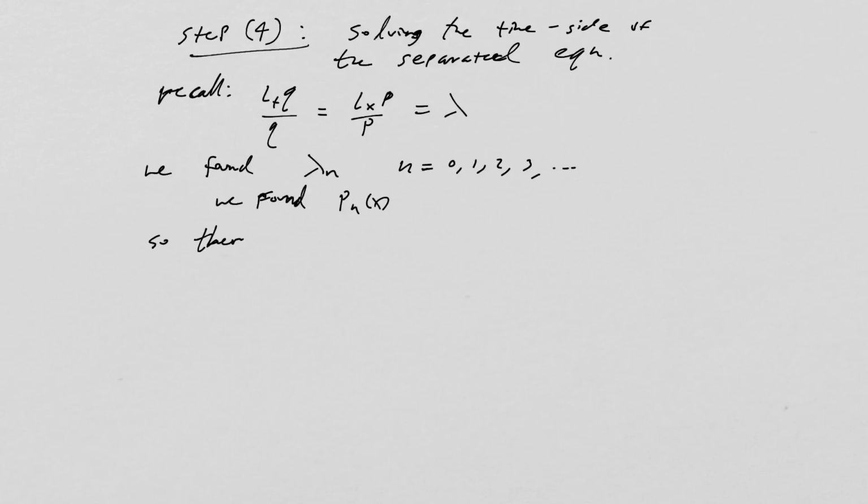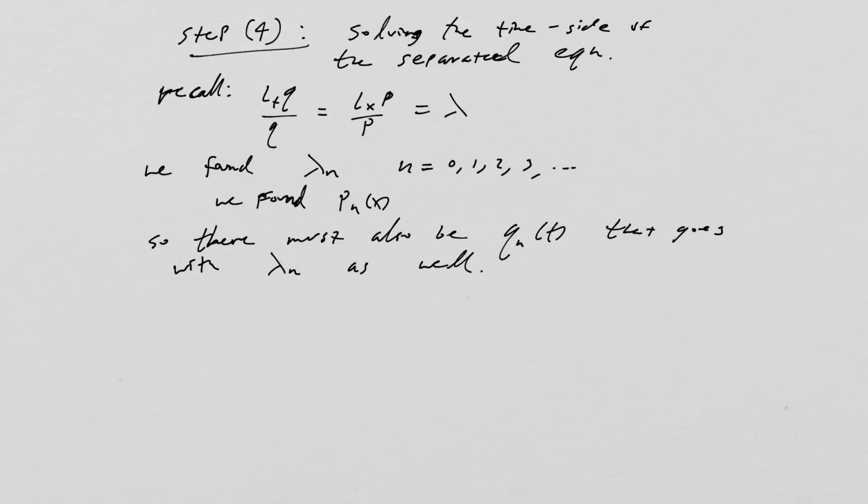So there must also be Qn of t that goes with lambda n as well. And that's the whole point here. The point here is that space and time are yoked together by these special numbers, these eigenvalues.